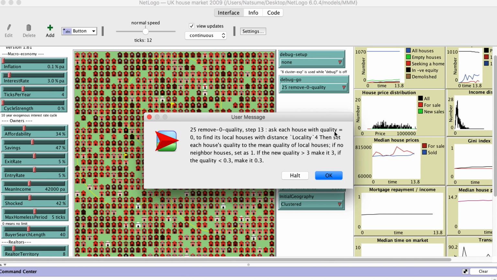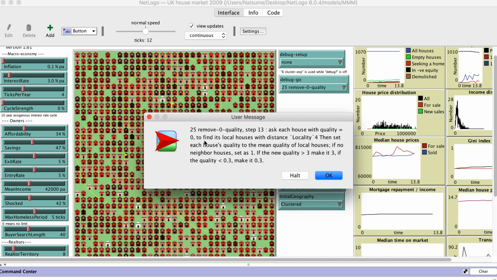Remember, at the beginning we set up the world and already gave every house a price and a quality evaluation. So those houses with quality equal to 0 are the newly built houses. So we need to give this new house a new evaluation for the qualities.